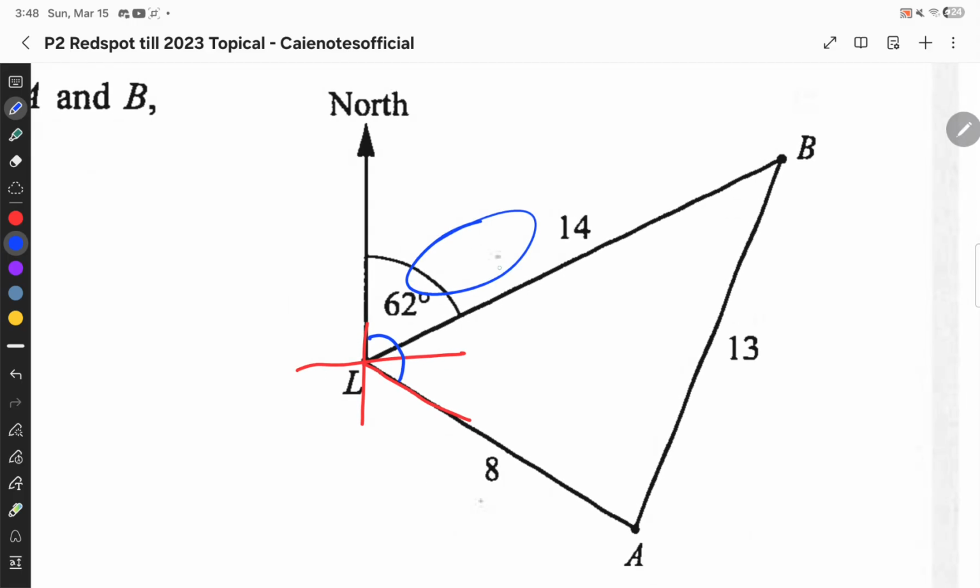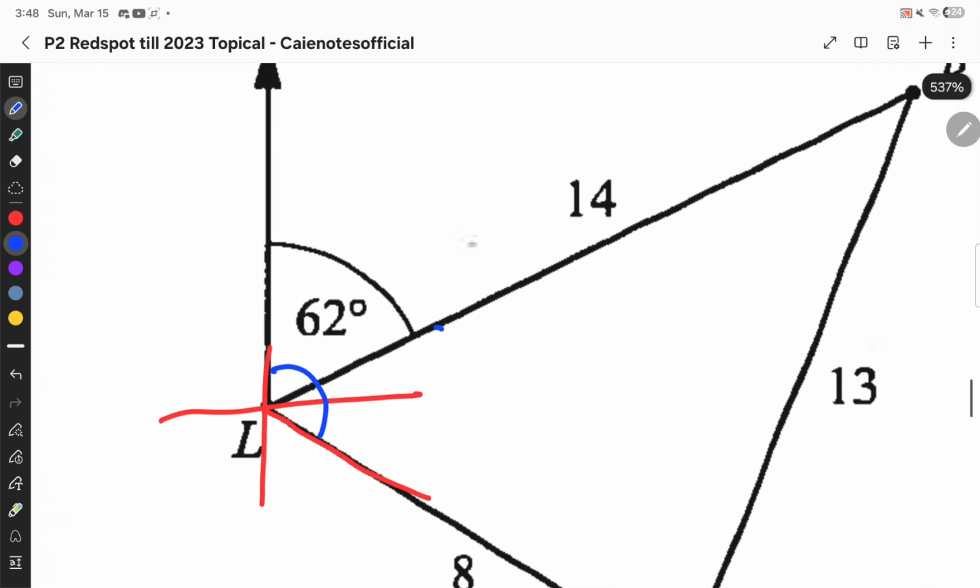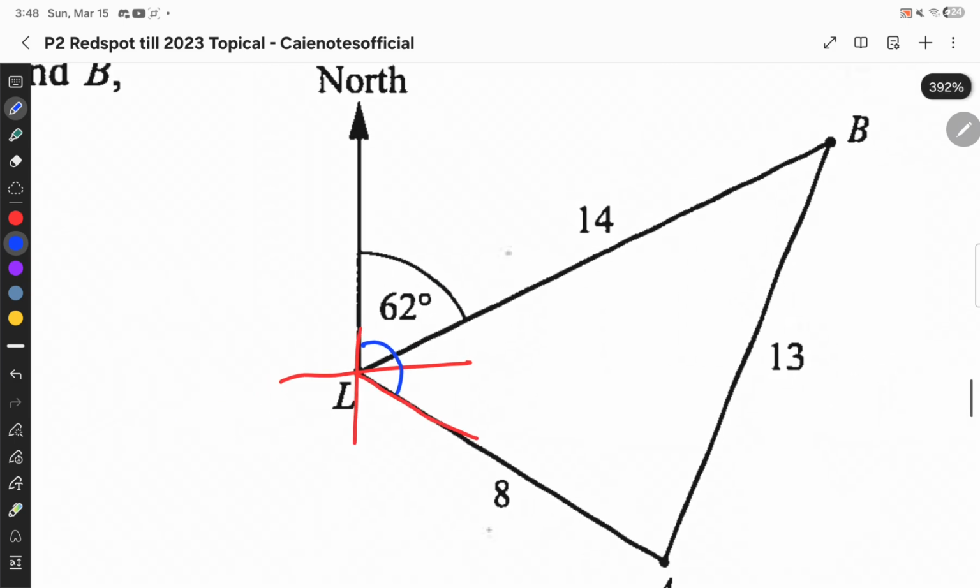We know this angle is done. If we find this remaining angle, we can find the whole thing. Okay, that's how you can skip the 90-90 trick. You can do the 90-90 trick, but then you have to do 90 minus this minus that. It will simplify to 62 plus this theta angle, which you get right here.